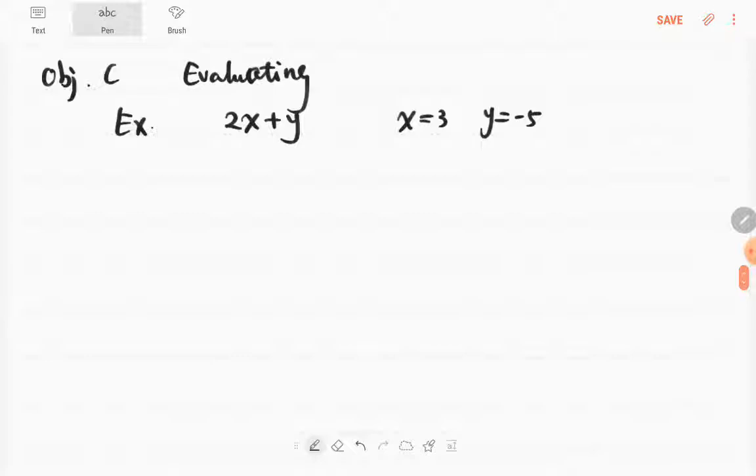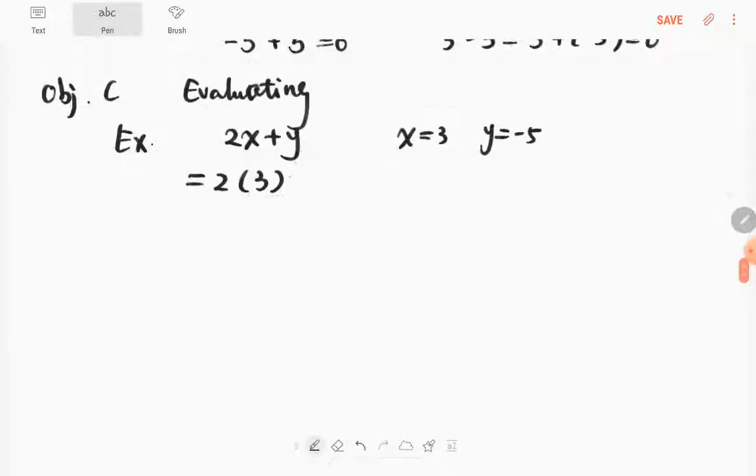What should we do? We need to plug the numbers into the expression, right? Which means we should use 3, because here x is equal to 3, to replace x. Then y is equal to negative 5, we use negative 5 to replace y.